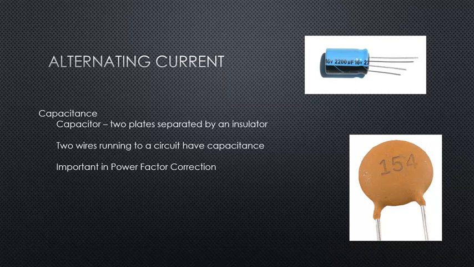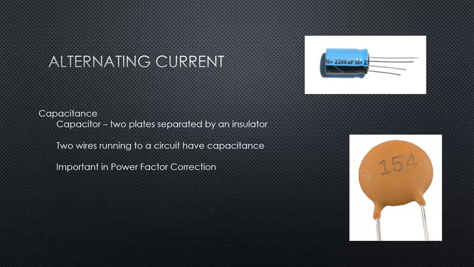Another component involved in our AC is capacitance. A couple different capacitors you should have used in DC and AC. By the simplest definition, a capacitor is two plates separated by an insulator. So again, two wires that run side by side out to a circuit and back have capacitance in them.